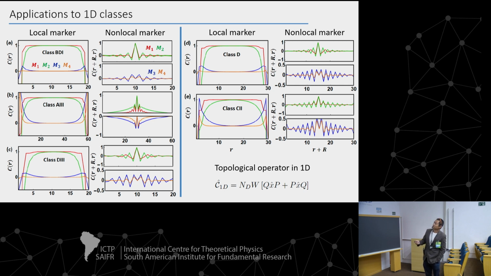For instance, coming to this class BDI, here I'm plotting a topological marker for 4 different parameters, where the red and green are in the topologically non-trivial phase. As you can see, they are quantized deep inside the bulk, whereas at the boundary, they have some anomaly.